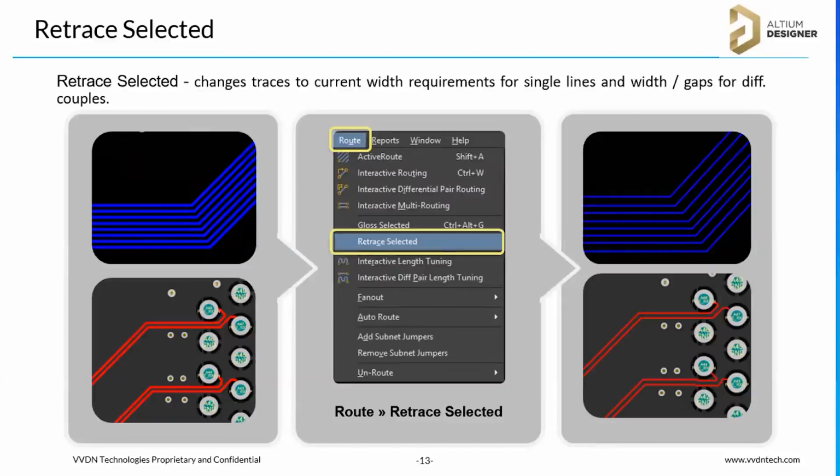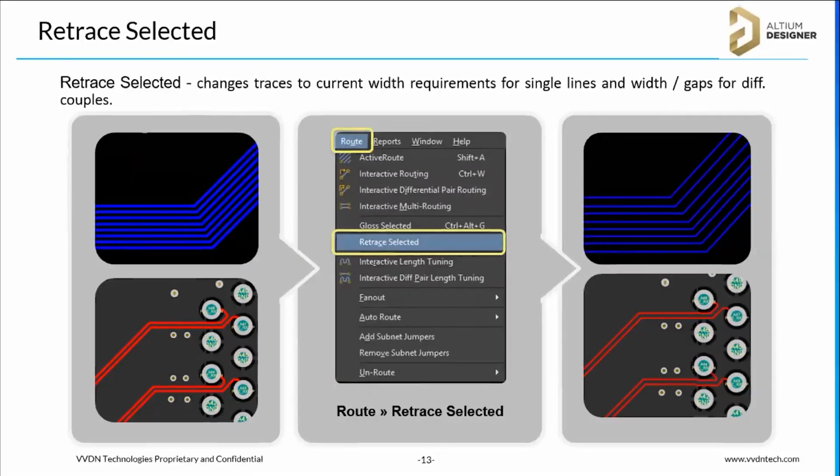You can just select one segment, press tab, and go to retrace selected after updating the constraint. If the constraints are updated with the latest impedance track width, by selecting retrace selected, it will update to the latest track width. Consider this is a 15 mil or 10 mil track width, which is updated to the latest one. So retrace selected can be used.